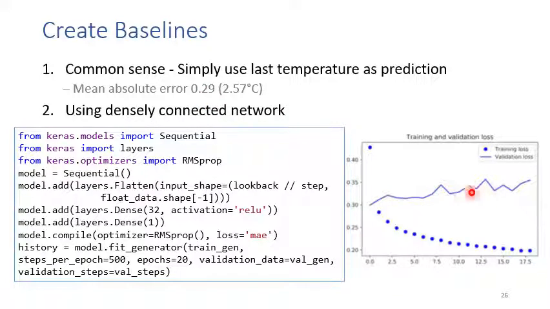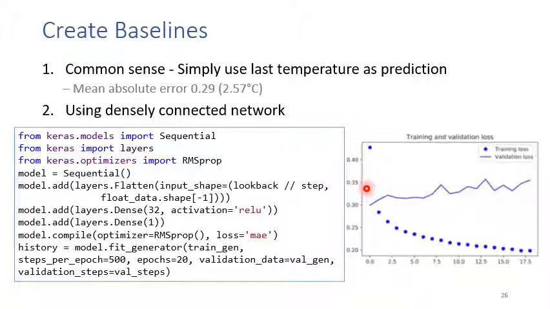So the validation error is higher than the baseline. Although the training loss can keep reducing, it looks like overfitting. So it's important to use a good baseline to compare with your model.